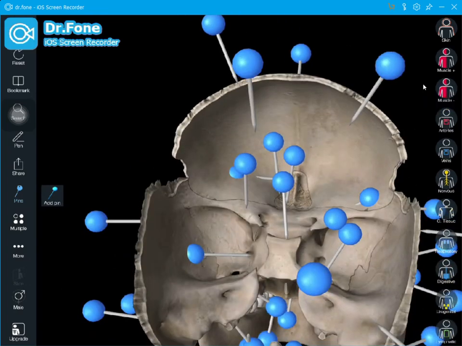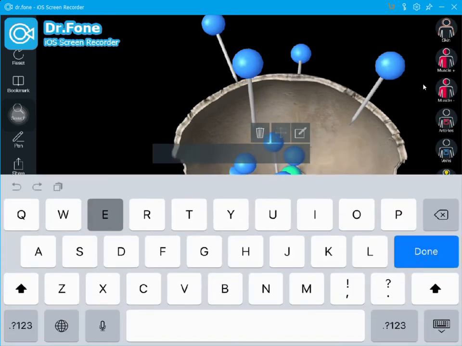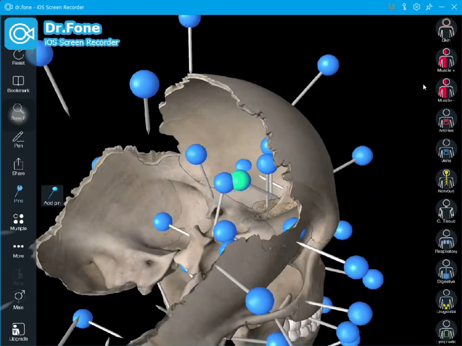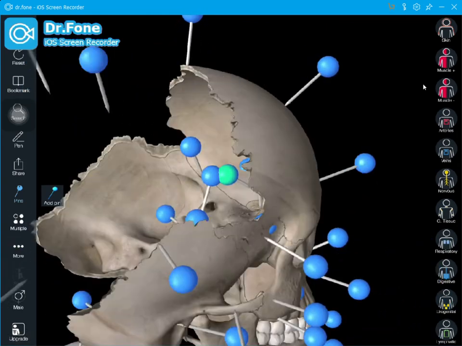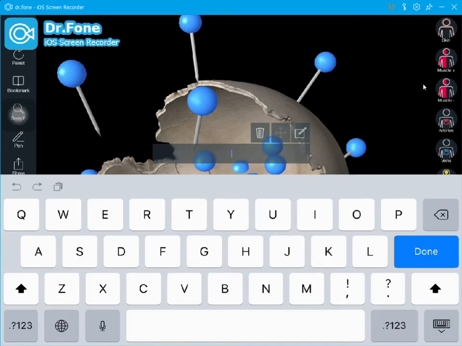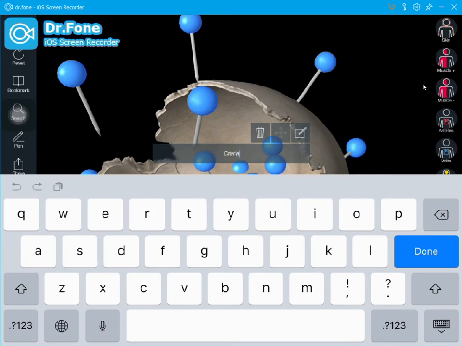It was actually titled, let me just label it here, the ethmoid bone. So that's a trick question. So the ethmoid bone consists of the crista galli. So don't get that point right there confused with crista galli. That's actually the ethmoid bone. So I believe the crista galli would be somewhere around here, around the sides. So that would be the crista galli.